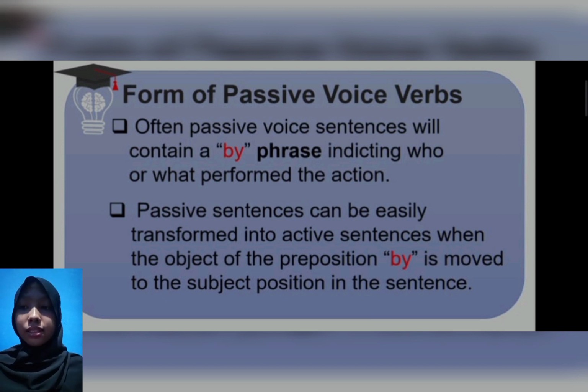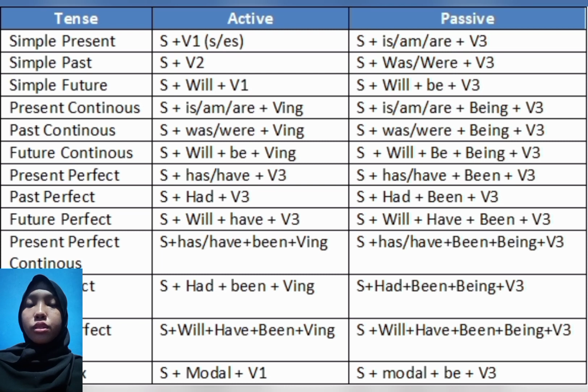Passive sentences can be easily transformed into active sentences when the object of the preposition by is moved to the subject position in the sentence. And next, the tenses pattern in active and passive below.